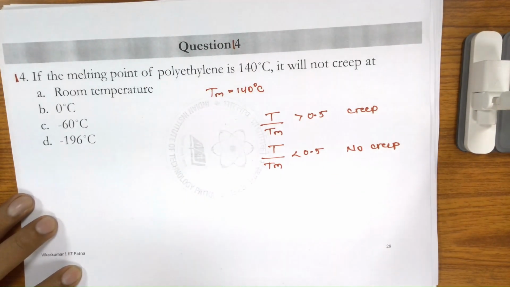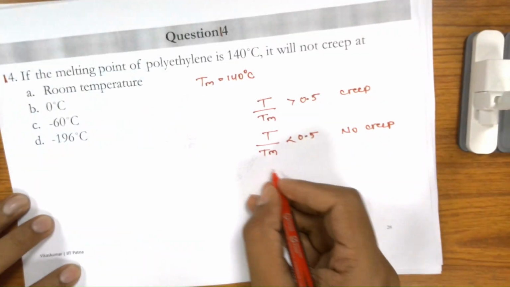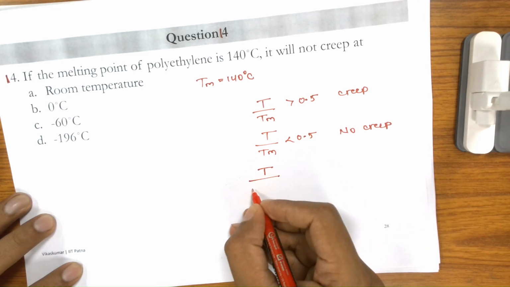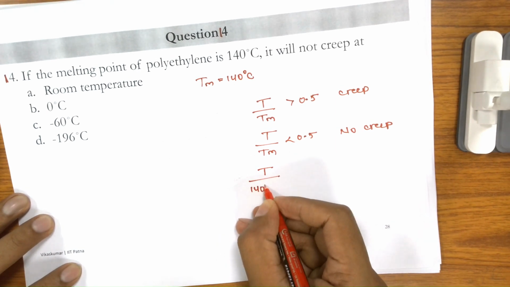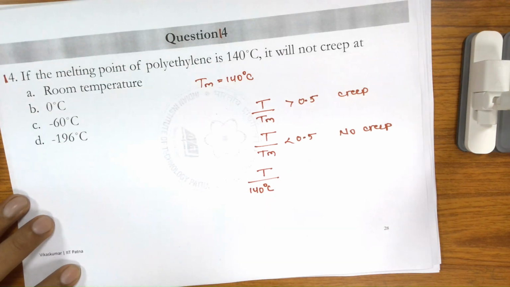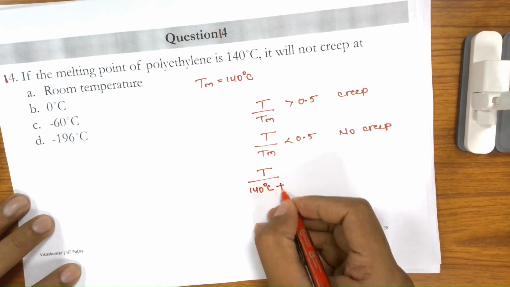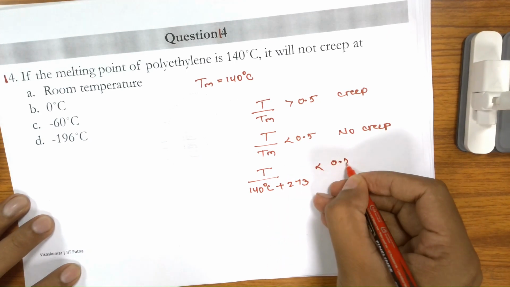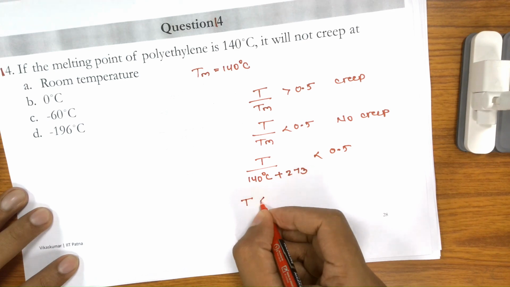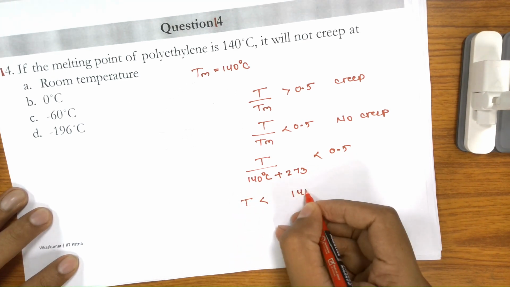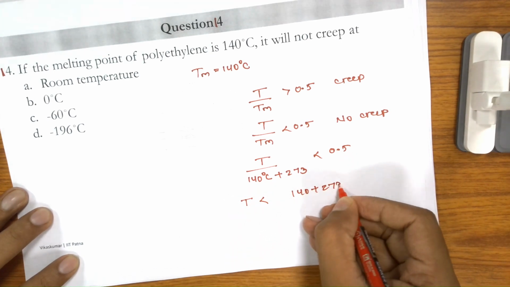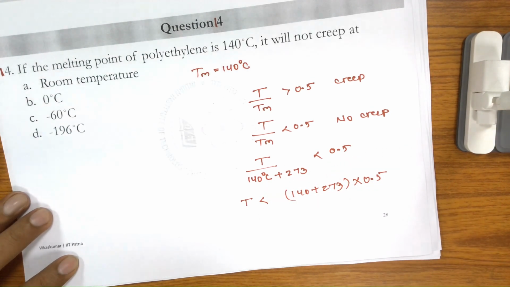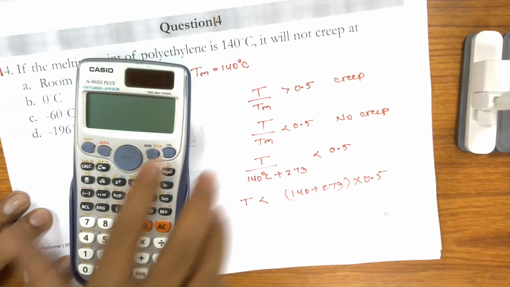So let's work on this. The melting point is given to us, so T divided by the melting point, that is 140 degrees Celsius. If we want to convert this to Kelvin, I will add 273 to it. It should be less than 0.5. So T should be less than 140 plus 273 multiplied by 0.5. Let's do this.